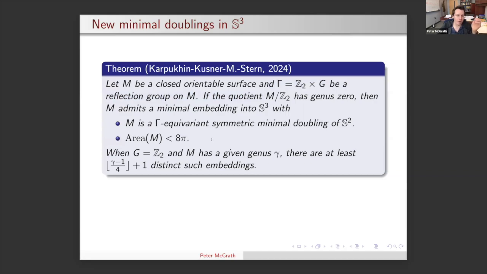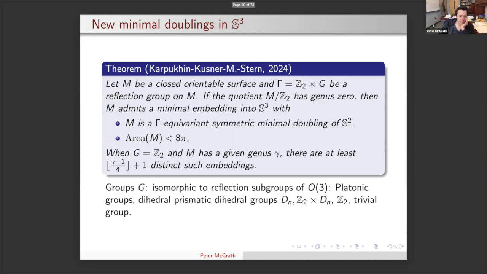In particular, by doing basically the simplest non-trivial case where G is just Z2, and estimating the number of definitely different examples, one gets a linear lower bound on the number of distinct such minimal embeddings with any given genus gamma. So one gets lots of new minimal surfaces in S3.